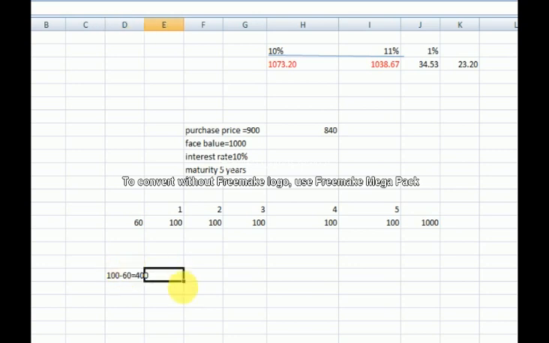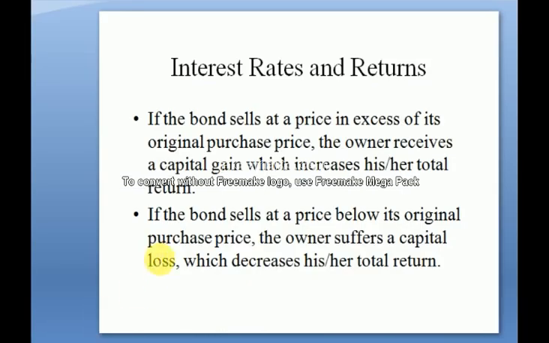That is my return. So it decreases my income. If the bond sells at a price below the original purchasing price, the owner suffers a capital loss. So we have a capital loss of $60, which decreases our returns.